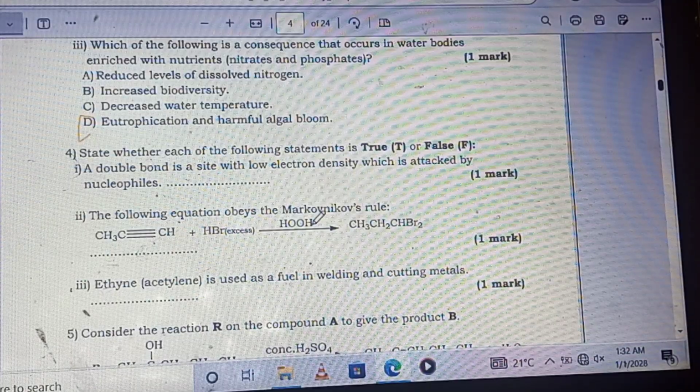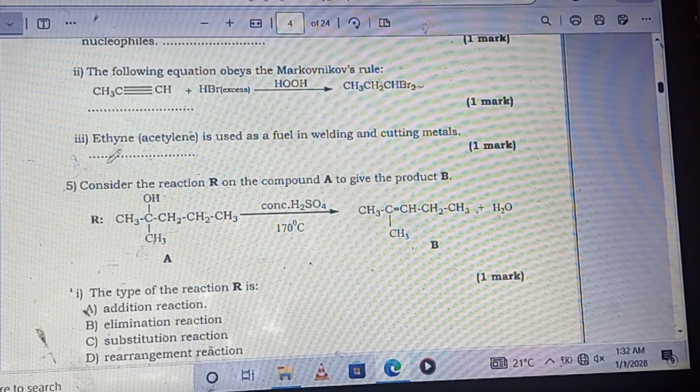When we have the presence of peroxide, it means that the equation follows anti-Markovnikov's rule. III. Ethyne, or acetylene, is used as a fuel in welding and cutting metals. The correct answer is true.